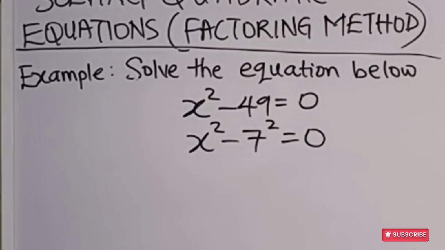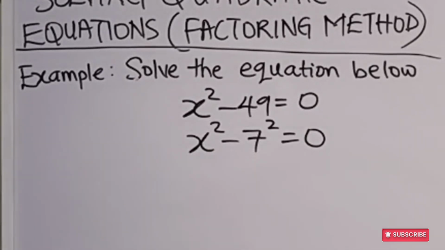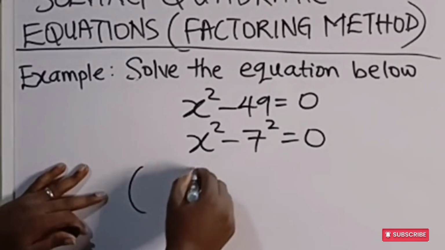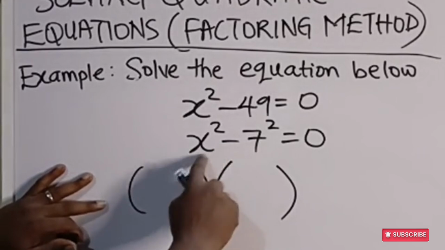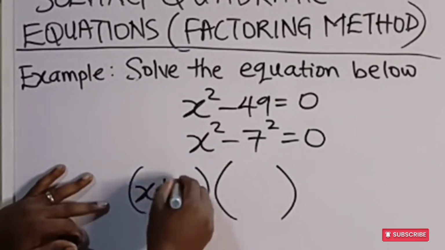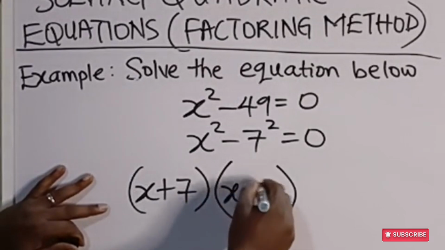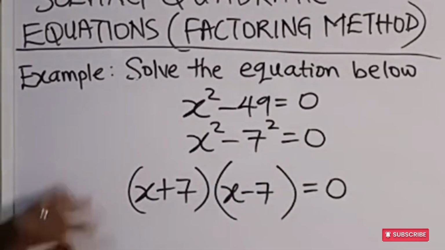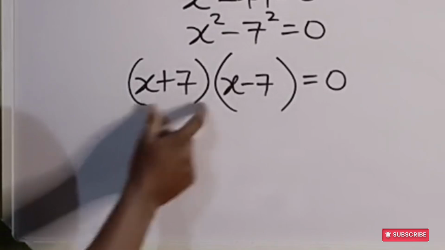And the principle of factorization using difference of two squares simply states that when you have a squared value subtracting a squared value, all you need to do to factorize is open two brackets. In the first bracket, you add these two bases, so you have x plus 7. And in the second bracket, you subtract: x minus 7 is equal to 0. So now you can equate this to 0.